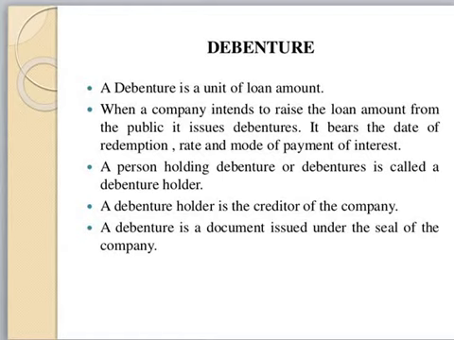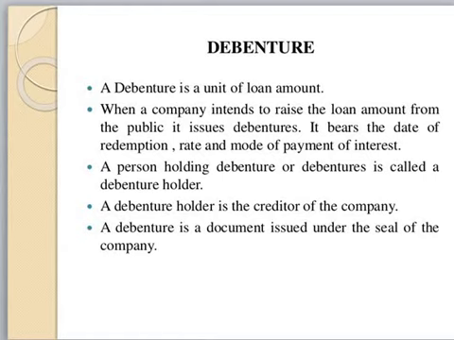Debenture means simply a written tool acknowledging debt under the common seal of the enterprise, and it comprises an agreement for repayment of principal after a particular period. When we check a debenture, there is a date of redemption, rate of interest, and mode of payment. Everything will be recorded there. A debenture is also considered a bond, B-O-N-D.